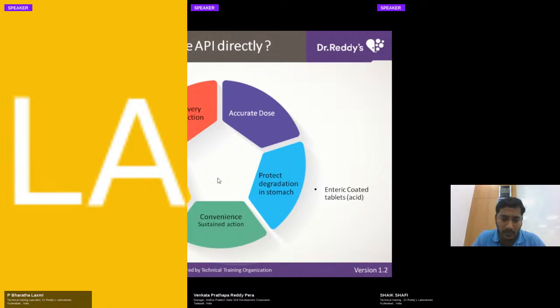So that's why, for accurate dose, and it also protects against degradation in the stomach. Since we use different types of chemicals, the API starts degrading, so that's why we do enteric coating, which enables this. Next is convenience. We cannot take API along with us when we are traveling and doing other work, but medicines we can take along with us.